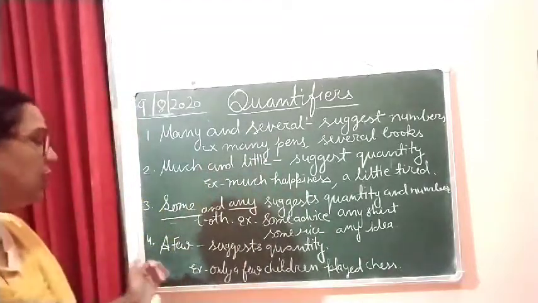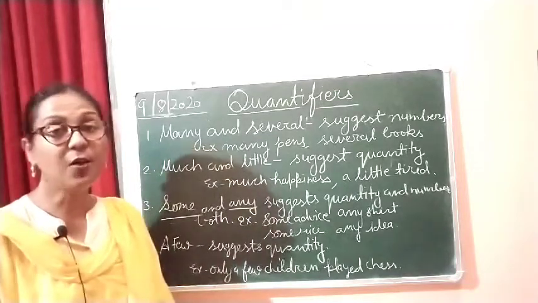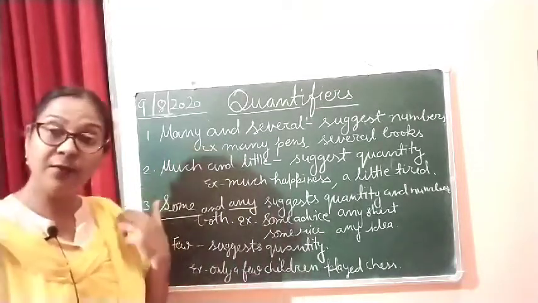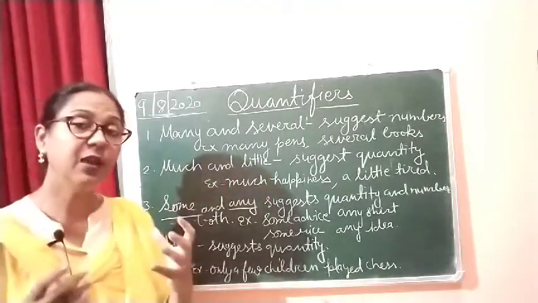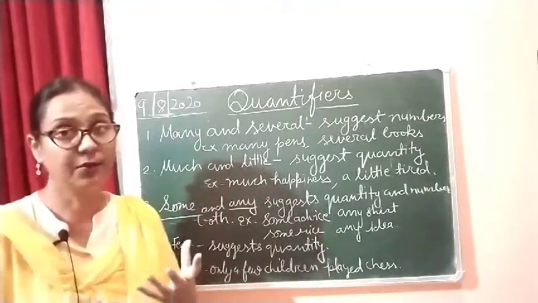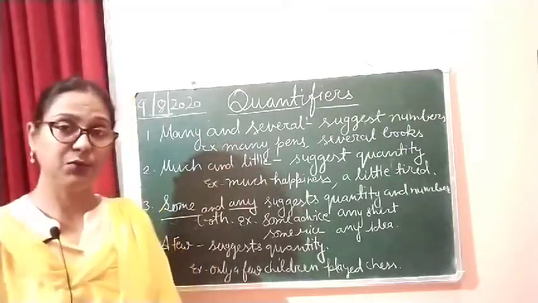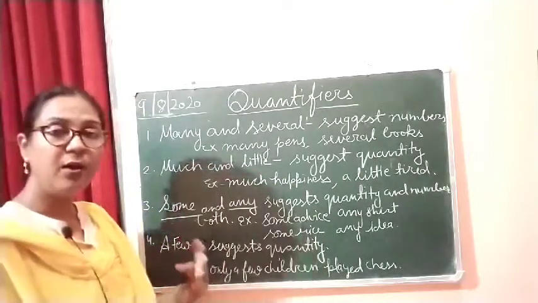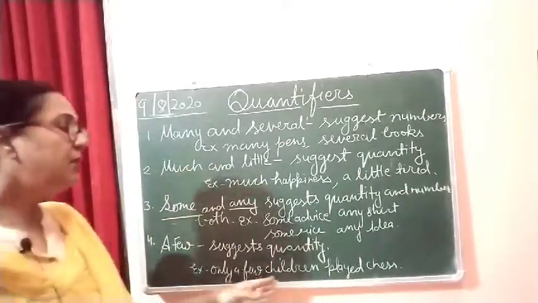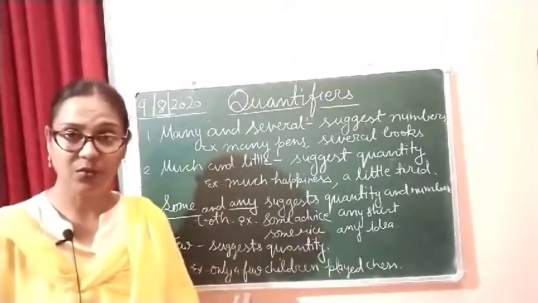Now we are moving to a few. Sometimes we are using a few. So where should we use this? A few suggests quantity. Whenever we have to show the quantity of things or people, at that time we are supposed to use a few. Examples I have already written over here. Only a few children played over there in the ground.